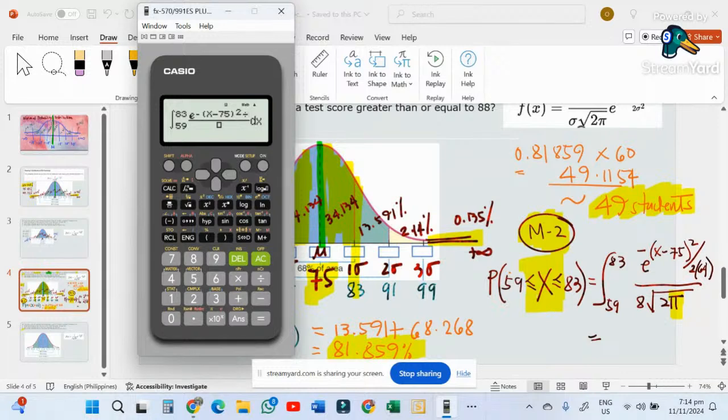You can actually do 128 straight away, right? 128. And then you go down and type in 8 square root.